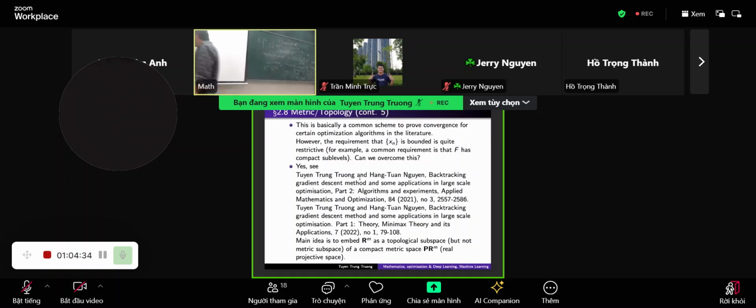Let me start with the case n equals 1. Then this is R, and for P^1 you can think of it as a circle. So R is a line, but P^1 is kind of a circle.